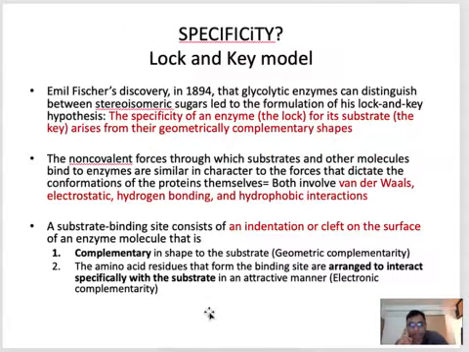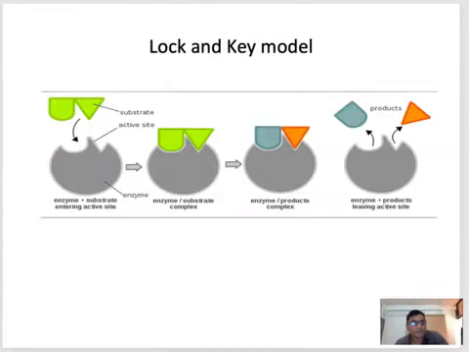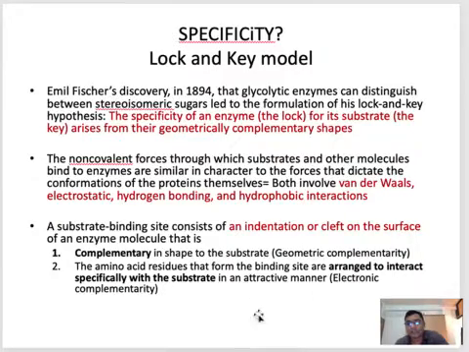Number one, those sites are complementary in shape to the substrate. This is called geometric complementarity. Also, the site can have electronic complementarity, which means there will be complementarity in regard to the charge.